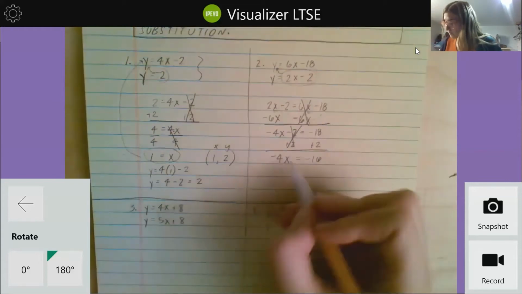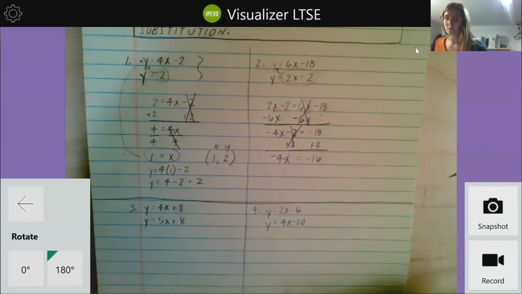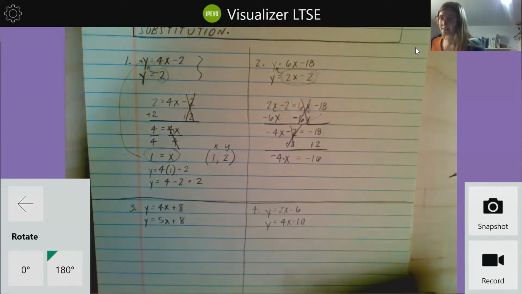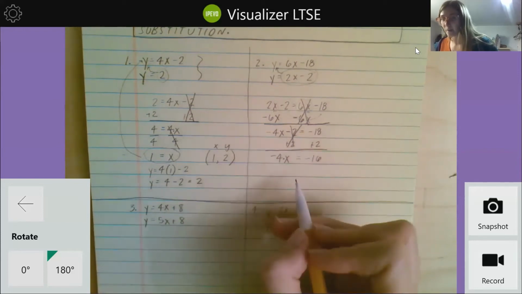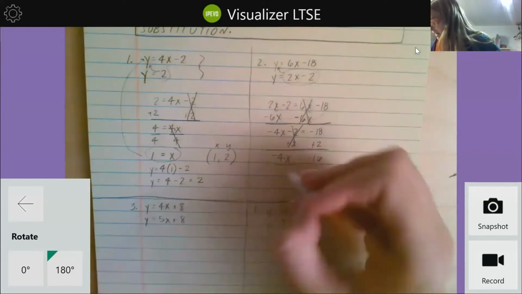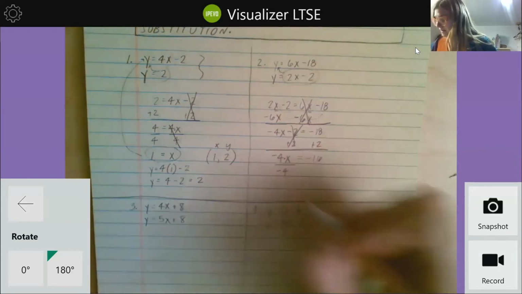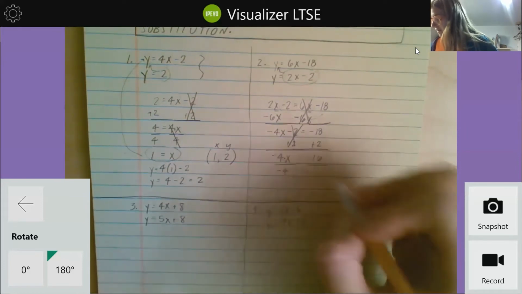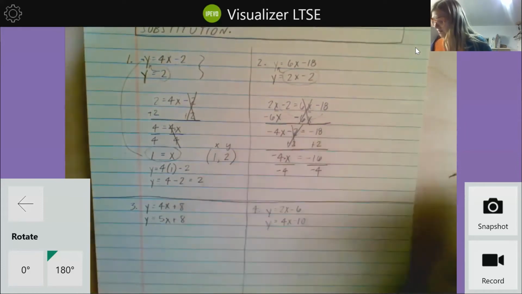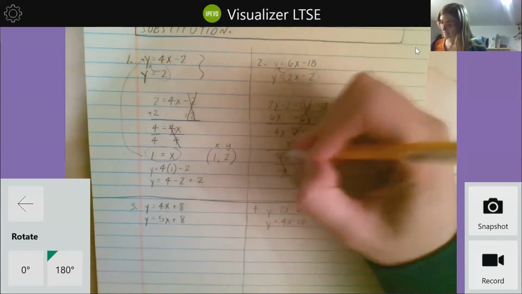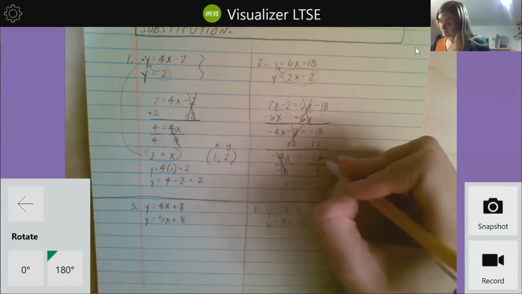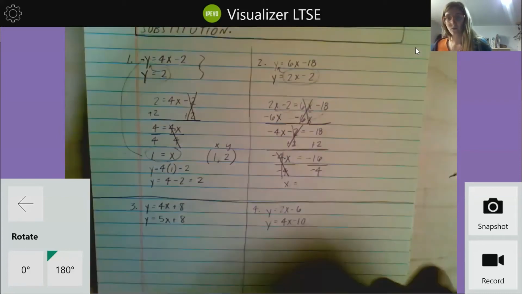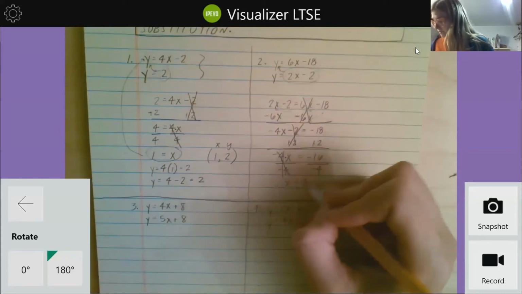Now again, there's this invisible multiplication sign in between the negative 4 and the x. So in order to undo that, to get the x by itself, I need to divide by negative 4. And if I divide this side by negative 4, I have to divide that side by negative 4. Those negative 4's cancel out, and I'm left with just x equals negative 16 divided by negative 4, which is positive 4.